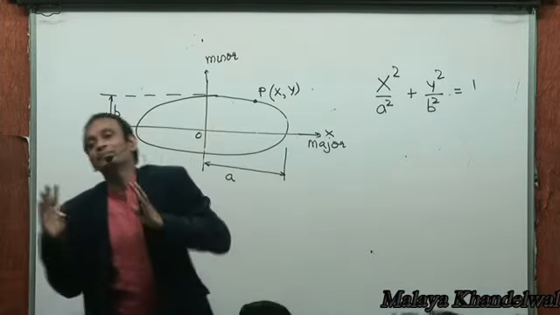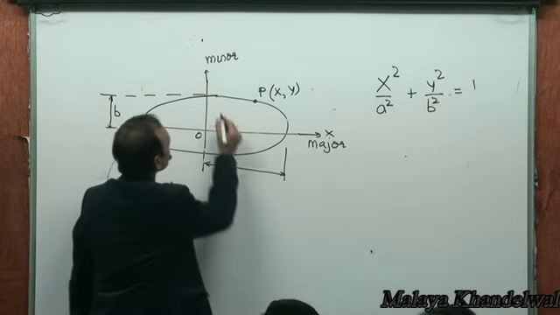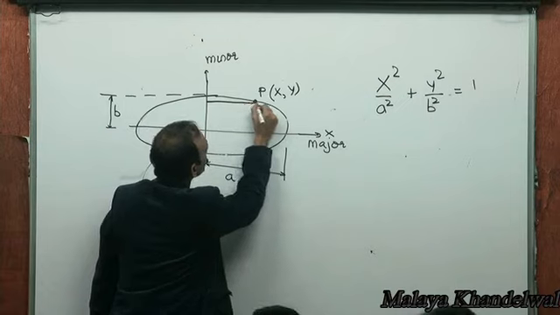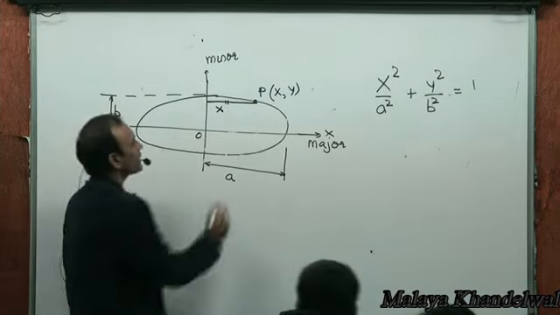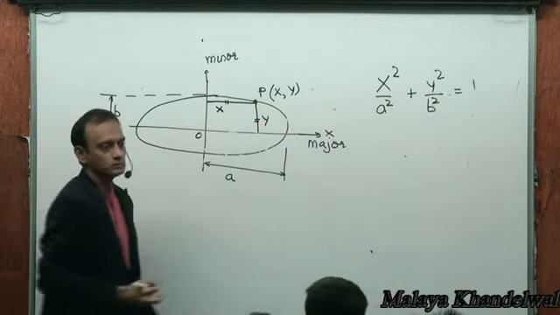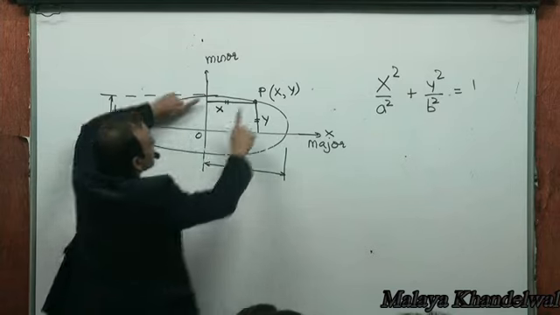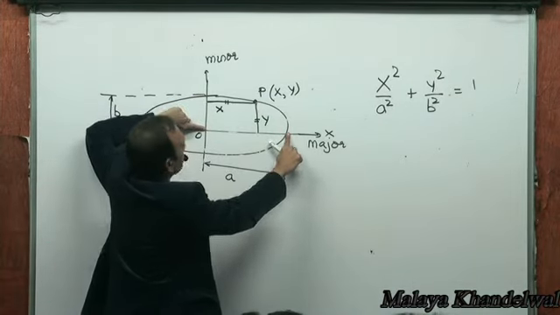Now, the physical meaning of this statement is as follows. This is x units and this is y units. This x units is parallel to the major axis, right?